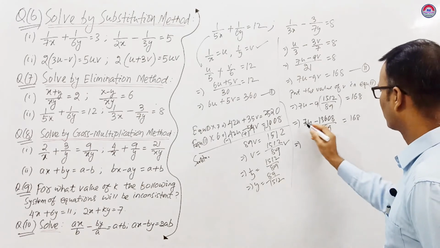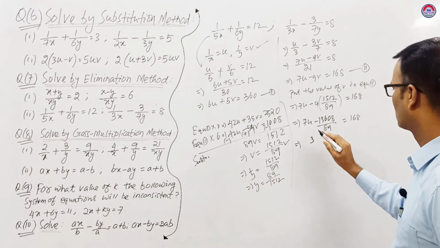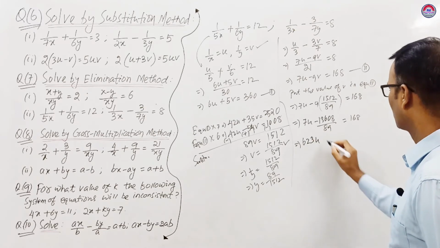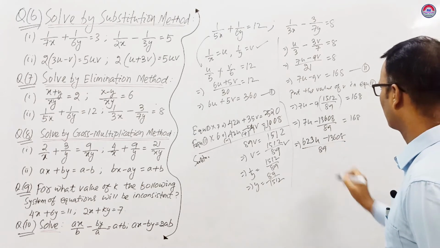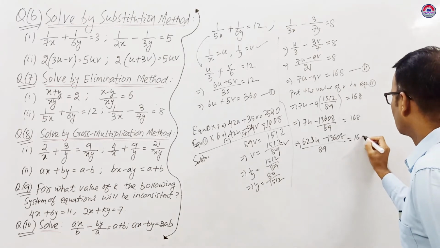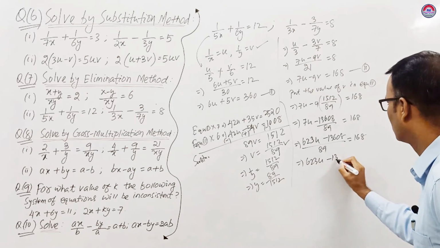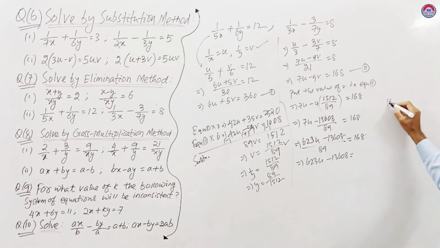That implies 7u minus 13608 by 89 equals 168, so 7u into 89 is 623u minus 13608 equals 168 into 89.